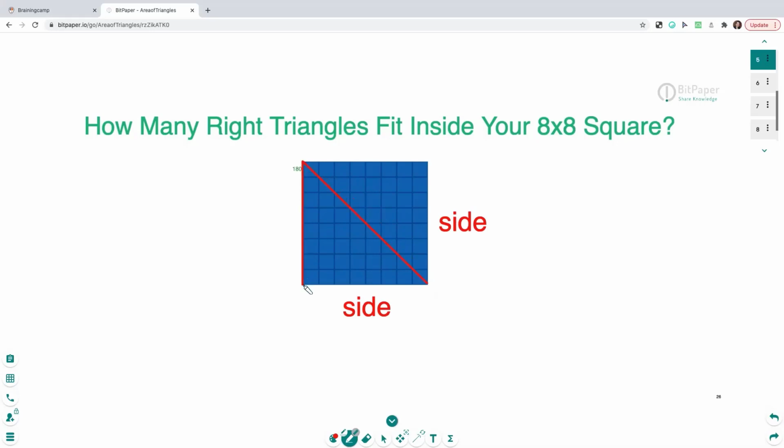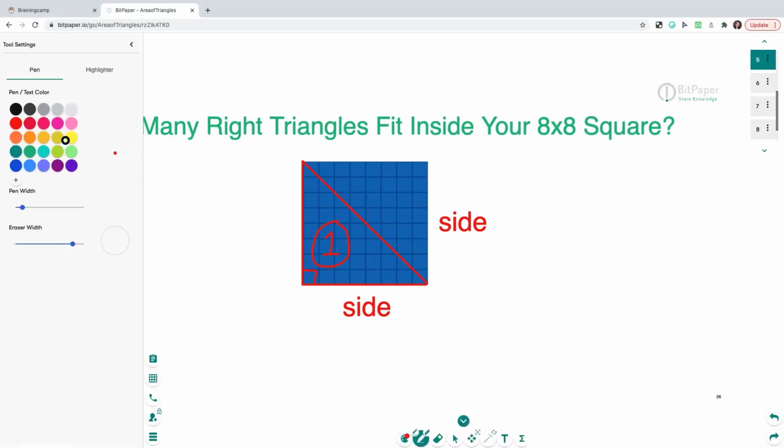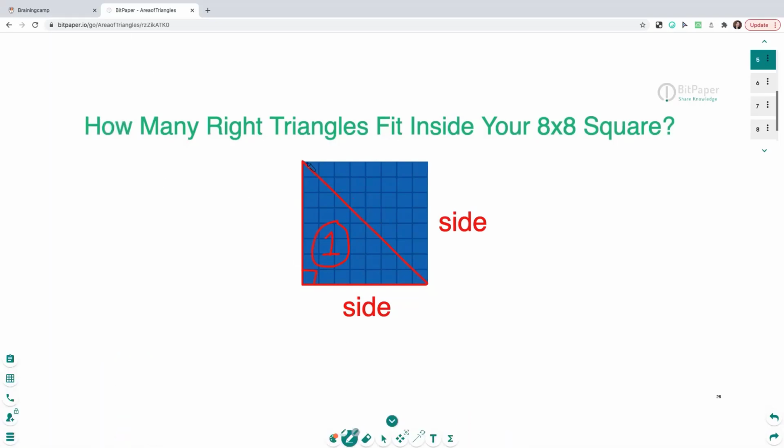Let me outline here. I have one right triangle right here. And it looks like I have a second one that's just flipped around at the top. Let me outline that for you. All right, looks like I can fit 2 right triangles inside my 8 by 8 square.